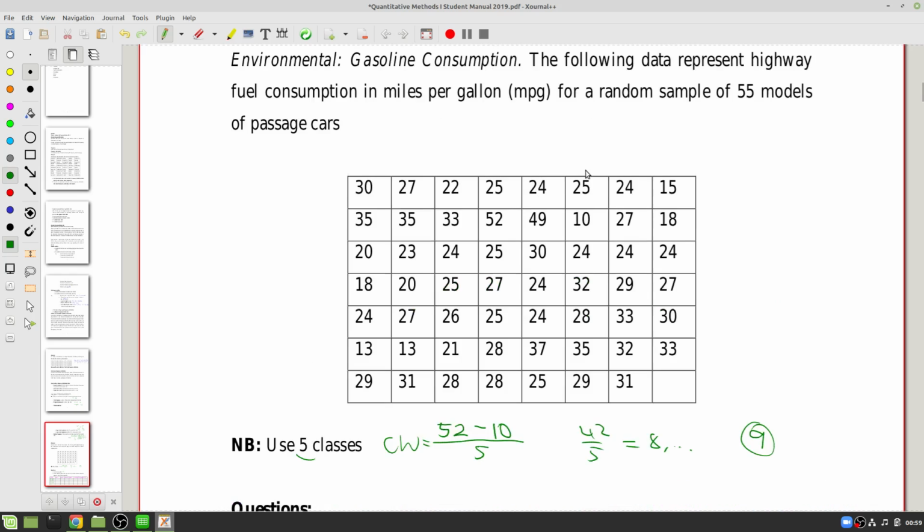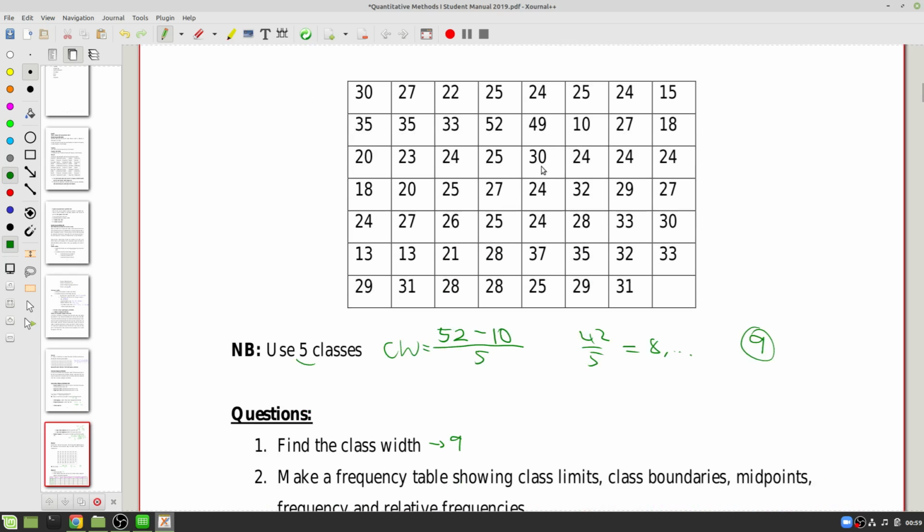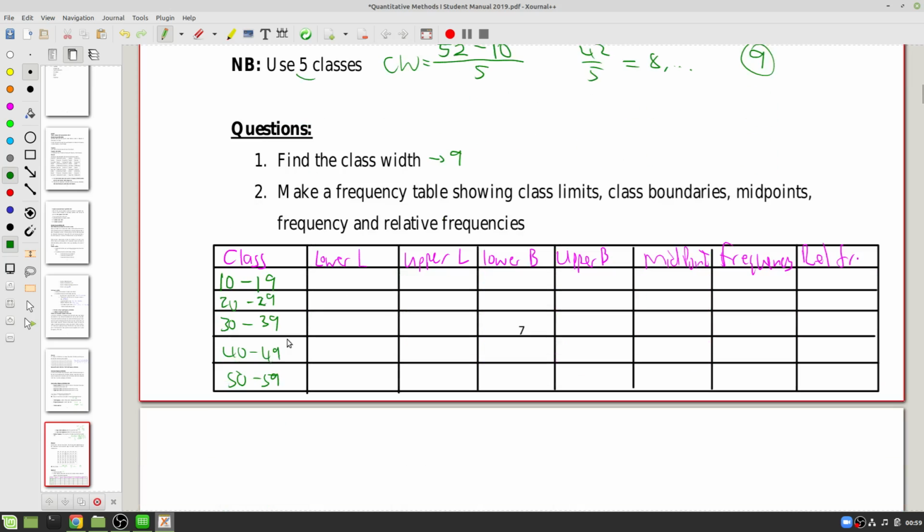There's only going to be one value at 52 in the final group this way. If we look at 10 to 19, how many values is that actually? 10, 11, 12, 13, 14, 15, 16, 17, 18, 19. So 1, 2, 3, 4, 5, 6, 7, 8, 9, 10. So that's actually 10 values.